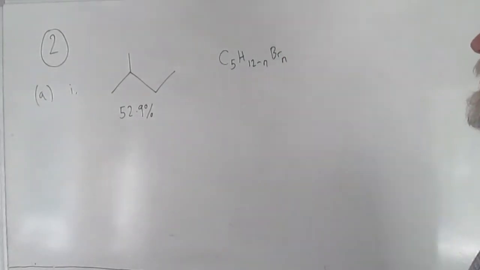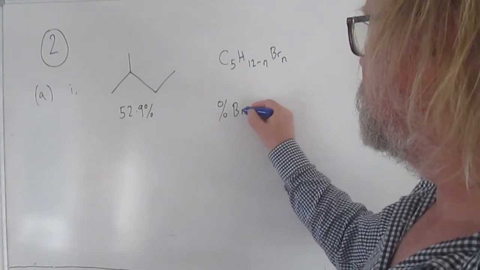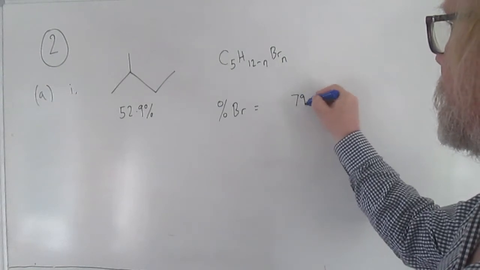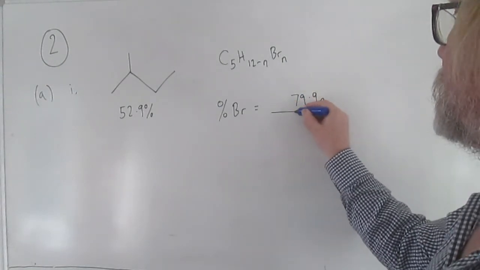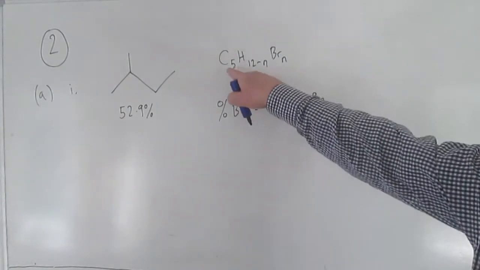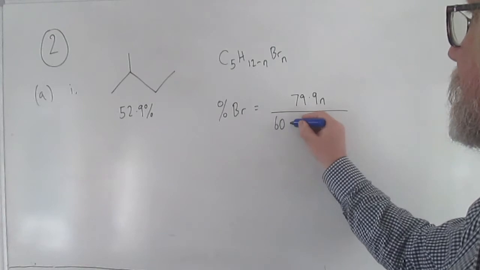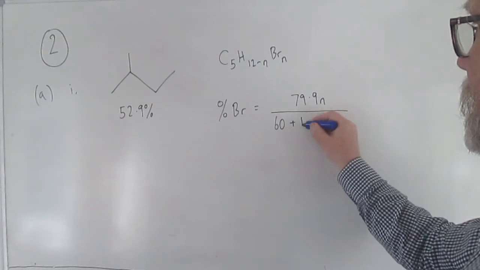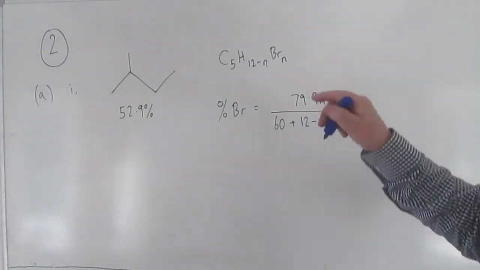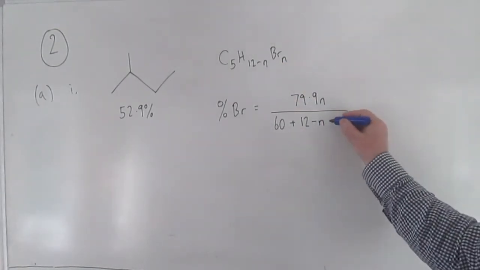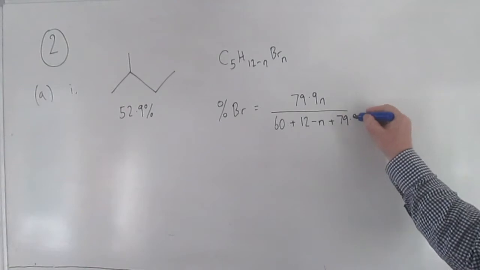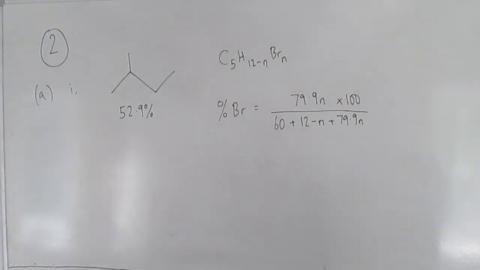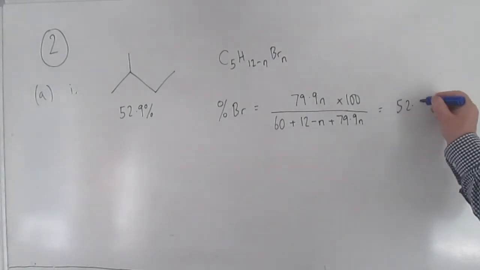So if that's our molecular formula, we could write down that the percentage of bromine is equal to, each bromine is 79.9, so it's 79.9n is the mass of bromine, divided by the total mass, so we've got 5 carbons, 5 12s are 60, plus 12 minus n hydrogens, because each hydrogen is just 1, plus 79.9n again, all of that times 100, and we know that that's equal to 52.9.